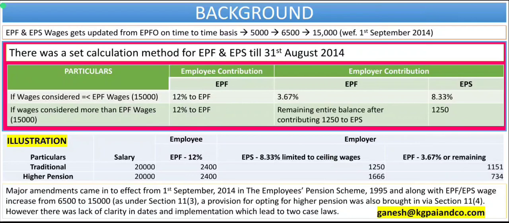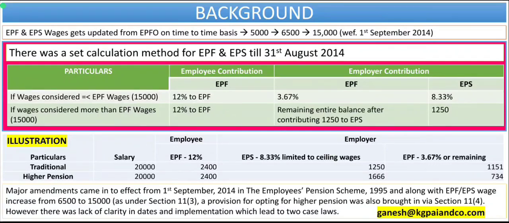However, things would become a little tricky if PF was paid on more than ceiling wages. In that case, 12% of employee contribution was anyhow sitting in the EPF account, but while calculating the employer contribution, first 8.33% of the ceiling wages was calculated and contributed to the EPS account, that is the Employee Pension Scheme account, and the remaining entire amount was going and sitting in the EPF account with employee contribution.